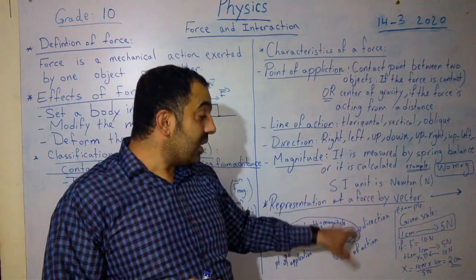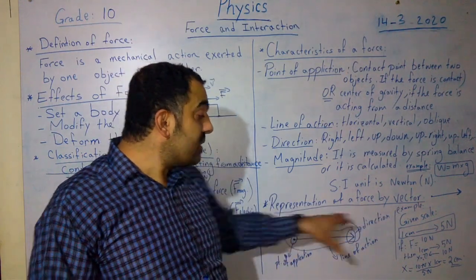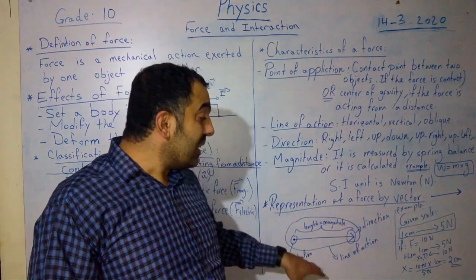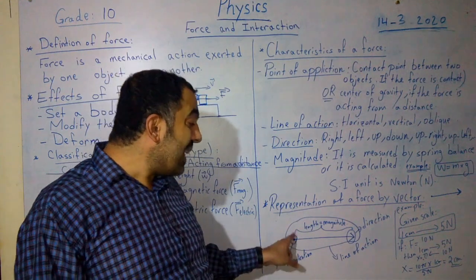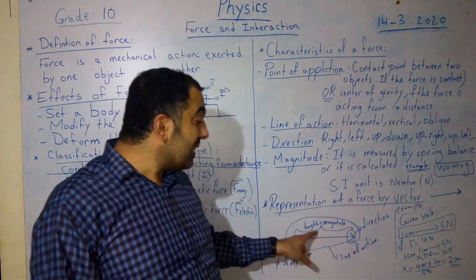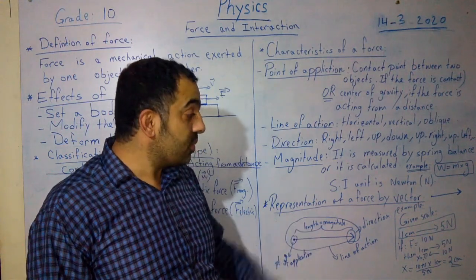The arrow indicates the direction of the force, and the whole vector indicates the line of action, while the length of the vector indicates the magnitude of the force.